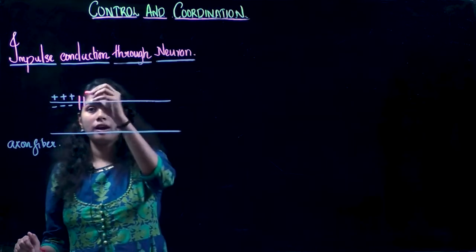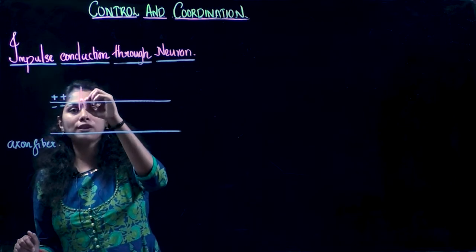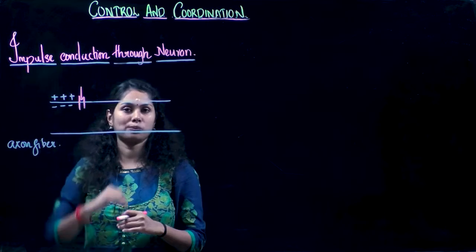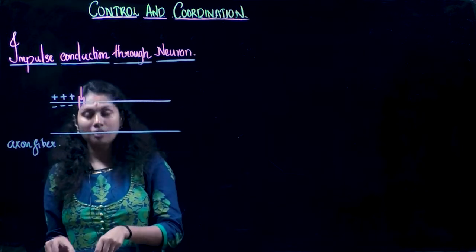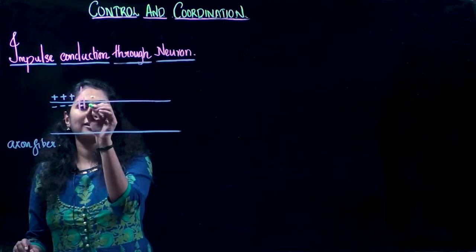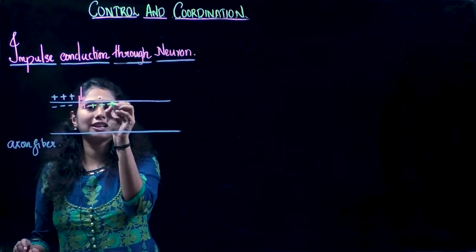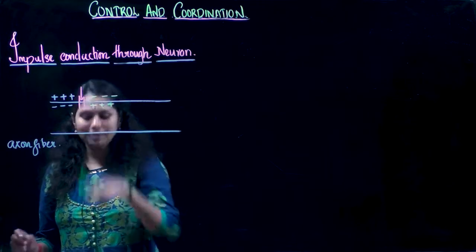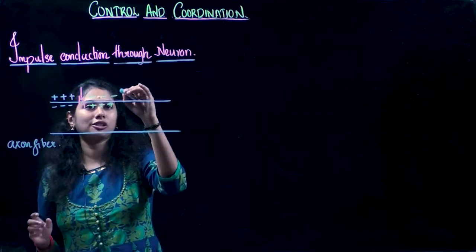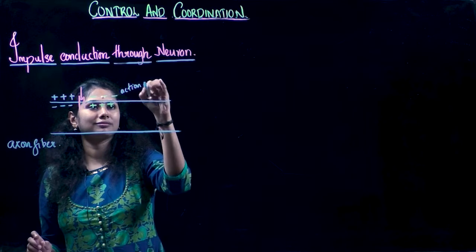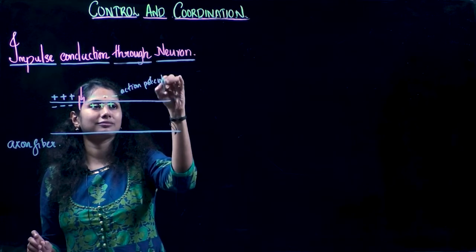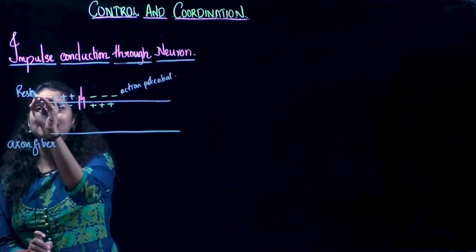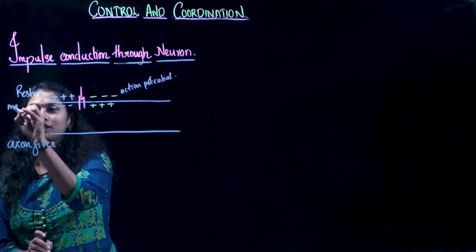This will cause the influx of some charged ions into the axoplasm, causing a change in polarity, like the inside becomes positive and the outside becomes negative, and this is called an action potential. This is what happens at the resting stage, called the resting membrane potential.